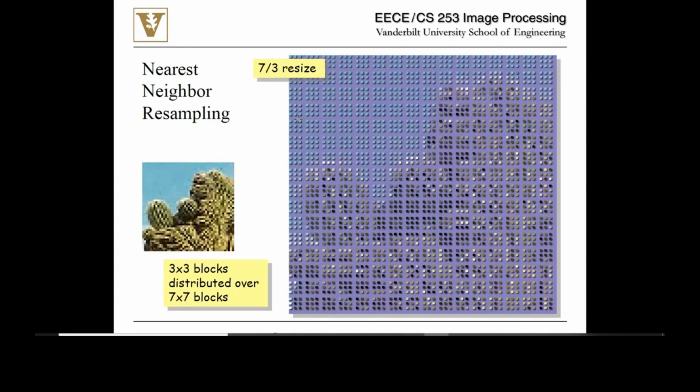Okay, so what we will do is kind of similar. Here it is better explained. In the output image, we will take blocks of size 7 times 7. Before, the 7 times 7 blocks were taken in the input image, not in the output image.